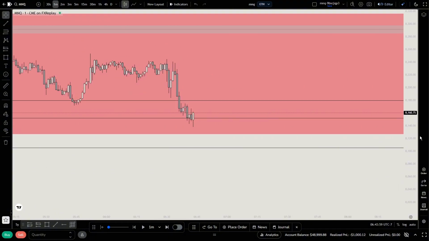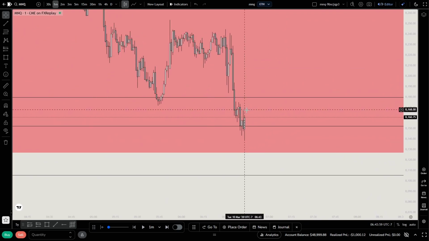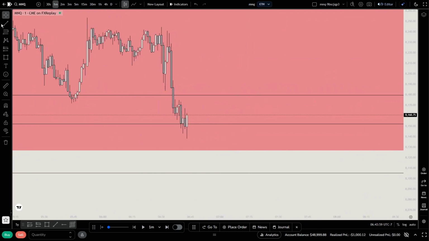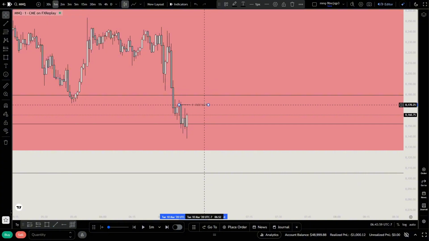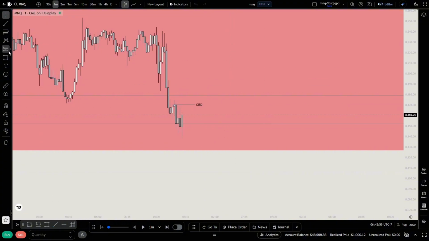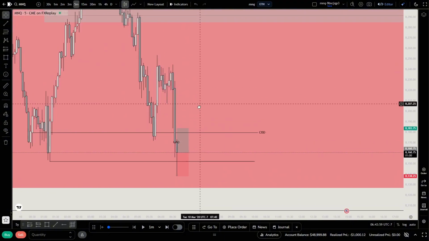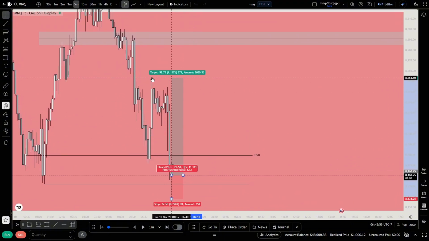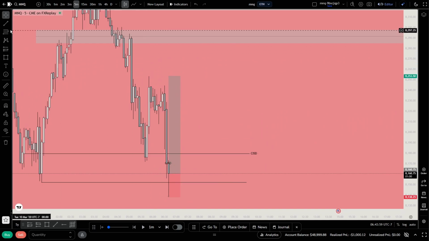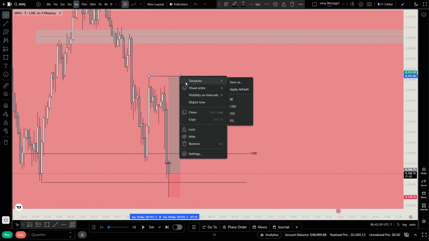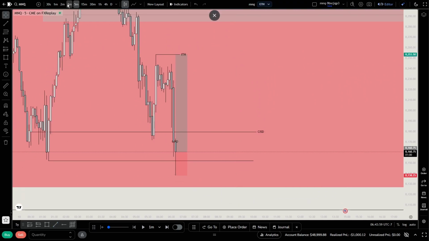Dropped down on the 1 minute now. We have a clear point here for a change in order flow. Inverse this gap. And right here, this intermediate high could be the target above.